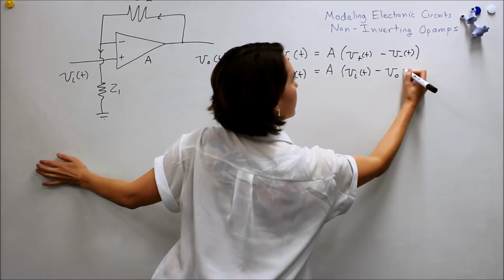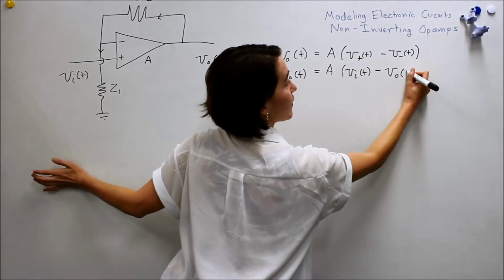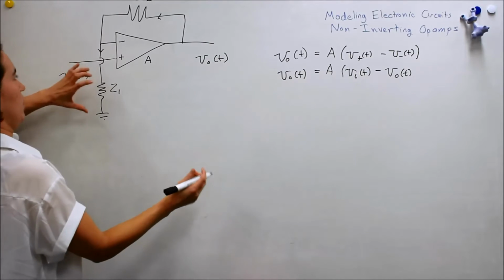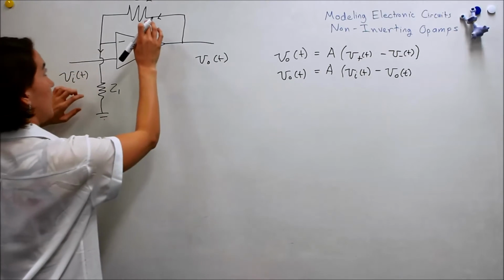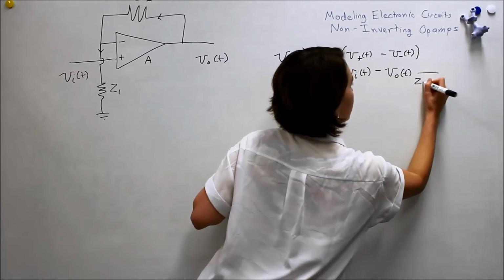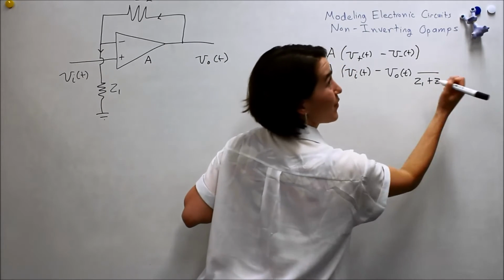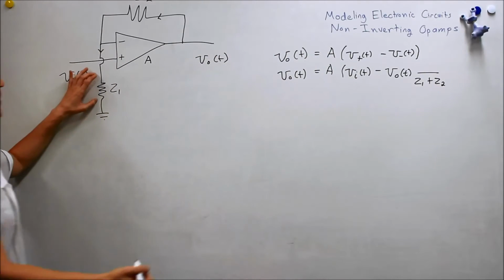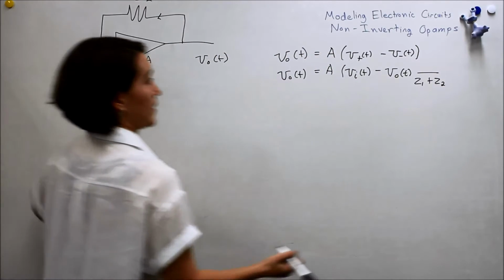So from this voltage, we'll start there. Our main voltage at the top of the voltage divider is V out of t. And then we know from the voltage divider equation that the denominator will have the sum of the impedances, so Z1 plus Z2, and the numerator has this impedance, so Z1.